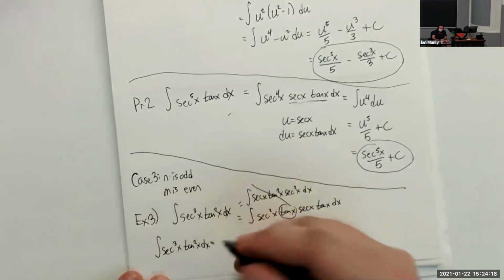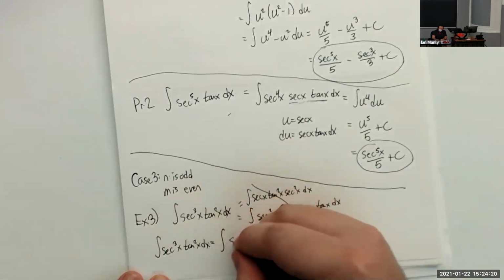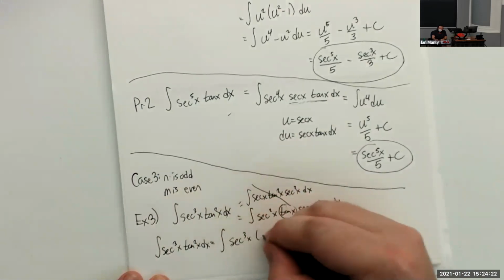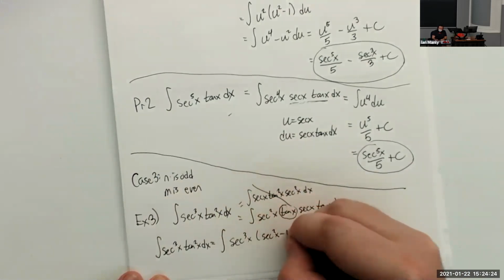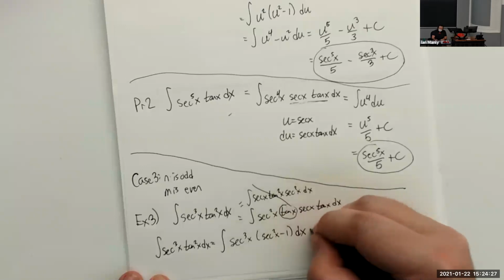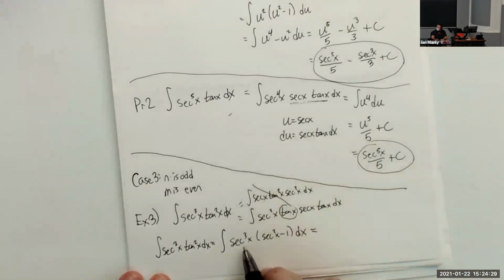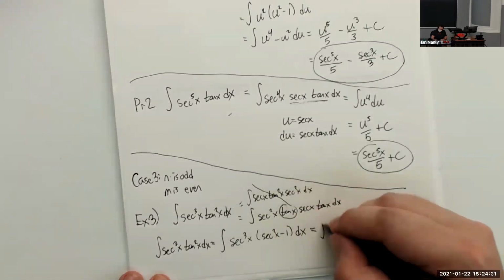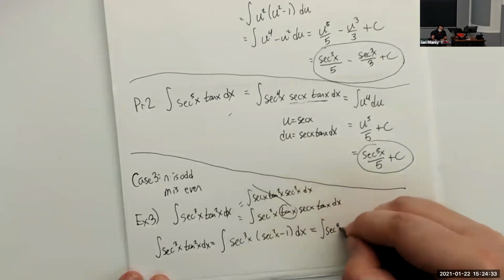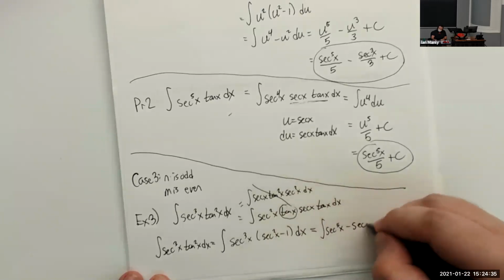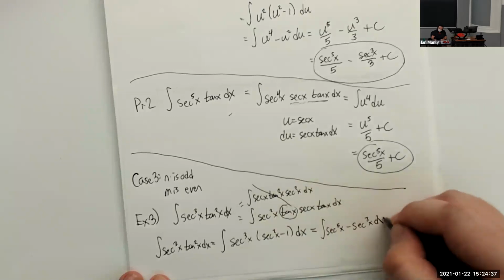And now I'm going to turn this tangent squared into secants. So tangent squared is secant squared minus 1. And then if I distribute my secants here, I have secant to the 5th minus secant cubed. All right.